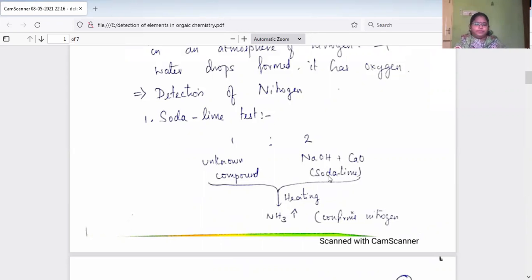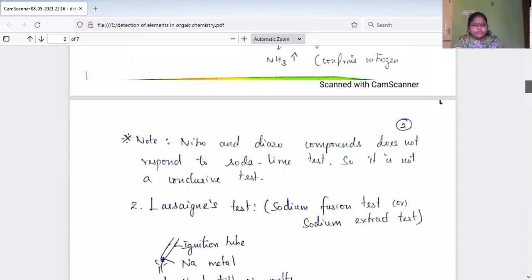So 2 ratios of soda lime with 1 ratio of unknown compound. If you heat this mixture, it evolves ammonia. That means you'll get a pungent smell. That pungent smell confirms it has nitrogen, because ammonia has nitrogen.